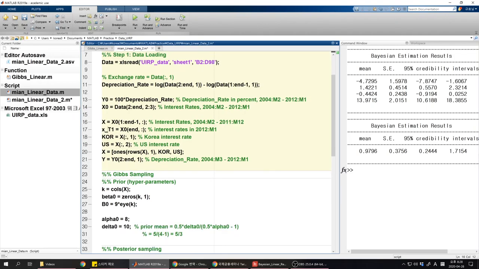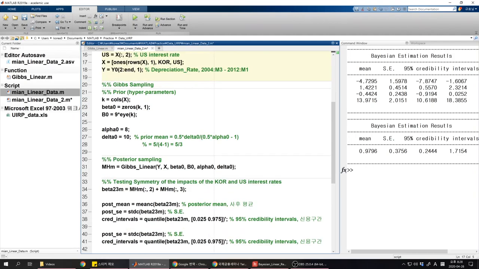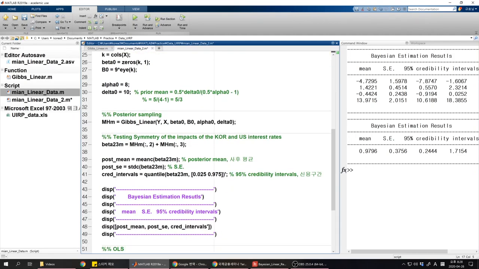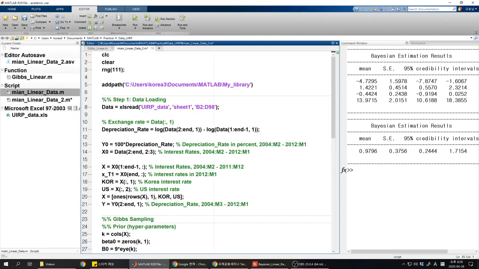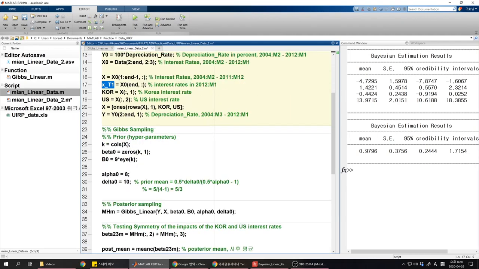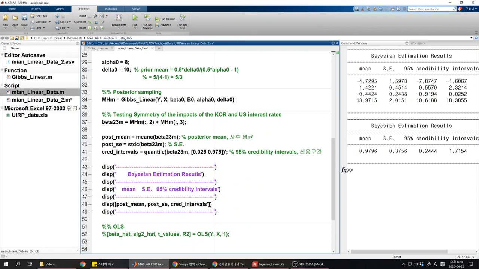So this should be used in forecasting y capital T plus 1. And you know that this is not included in this function, right? So then we have to specify this variable.